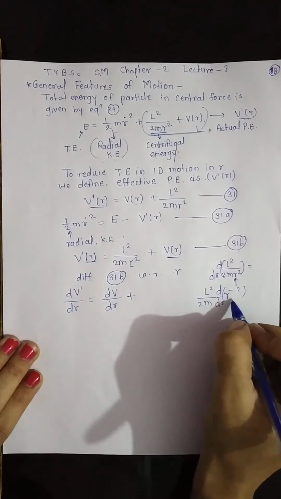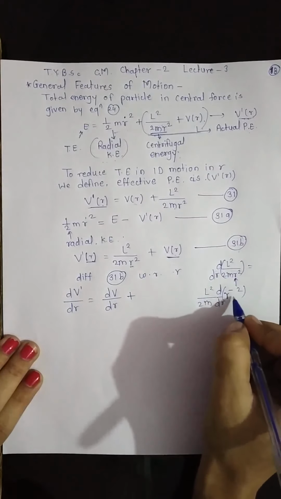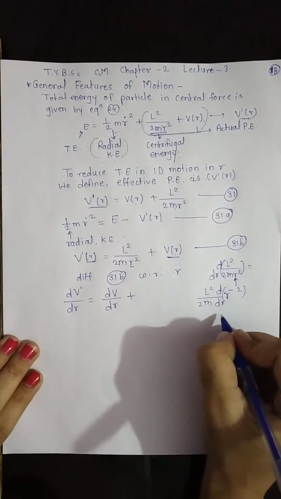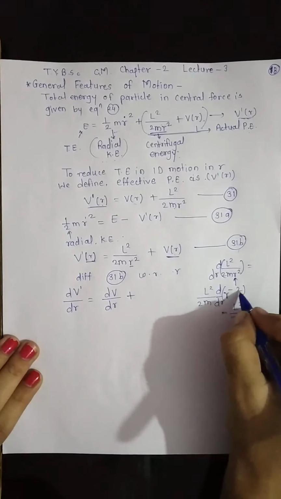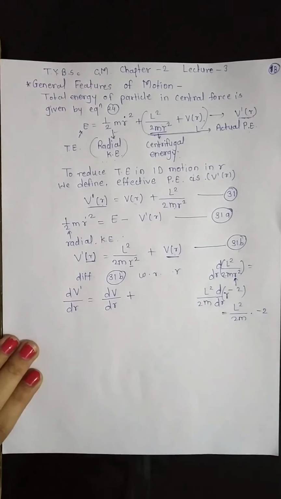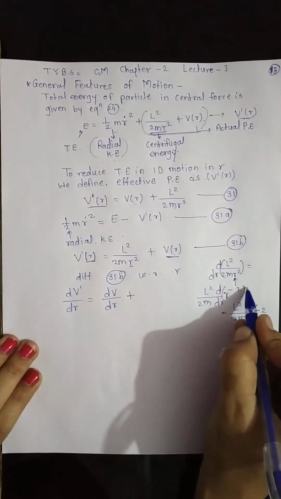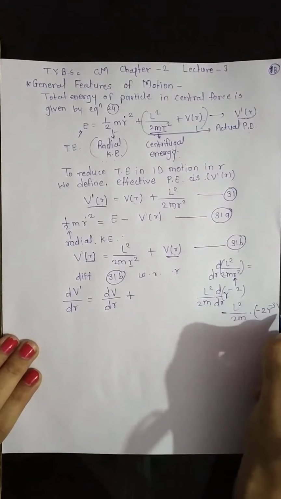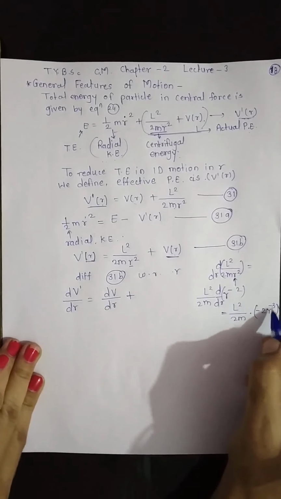The formula for the derivative is n x raised to n minus 1. For this, we will have L square upon twice m as it is, and here n is minus 2, so we get minus 2 into r raised to minus 2 minus 1, that is r raised to minus 3, and since the power is negative, I can write it as 1 by r cube.